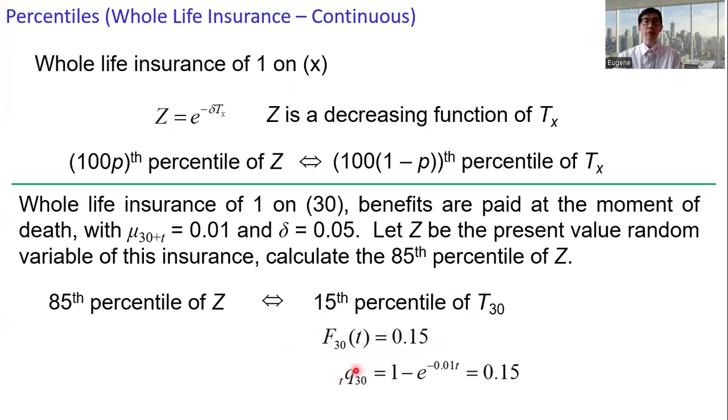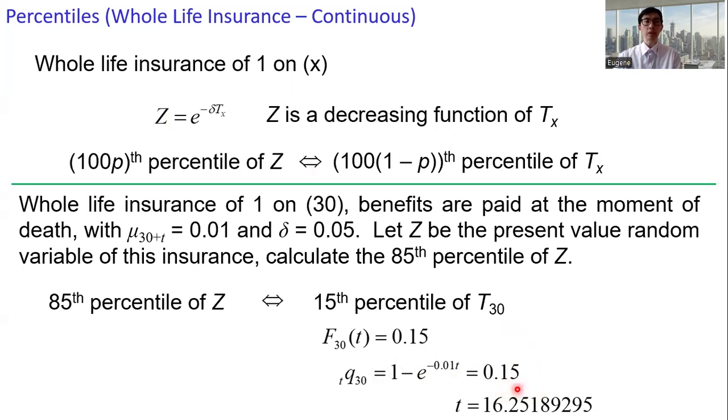The expression for tq30 with constant force of mortality 0.01, we get this expression. Solving for t, we get t equals 16.25. That is, the 15th percentile of T30 is 16.25.